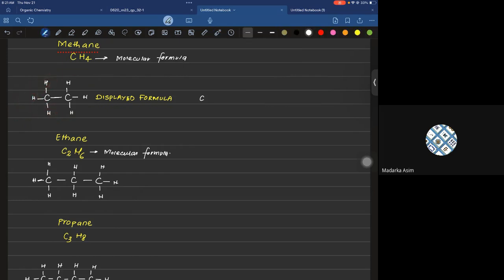Three. I would write H3 and then carbon, so CH3. This formula is known as the structural formula.